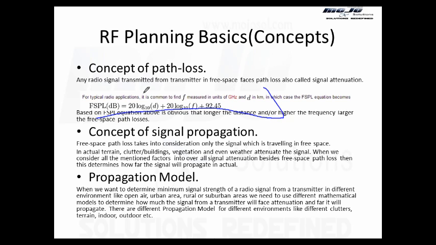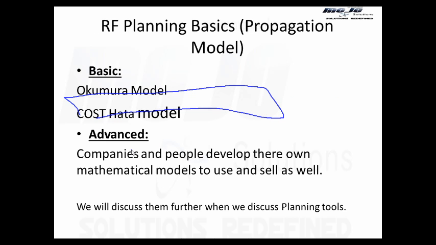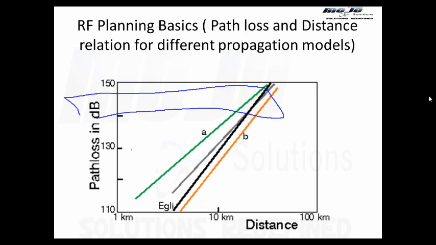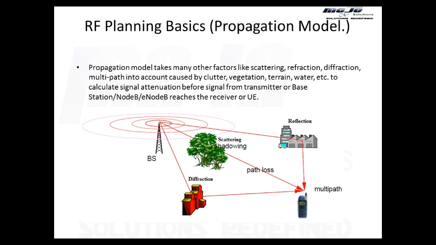This graph represents that equation, and over here are some of the propagation models A, B, C, and they are being compared. What is their prediction for different path losses? So it's just a theoretical calculation for different propagation models, just for an idea of how we evaluate a propagation model.